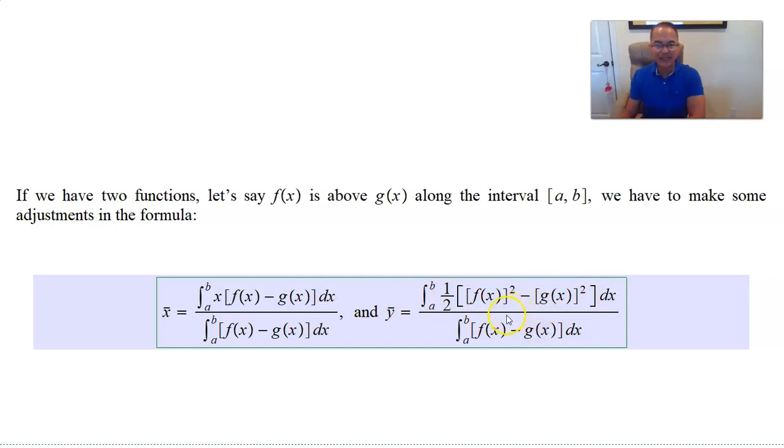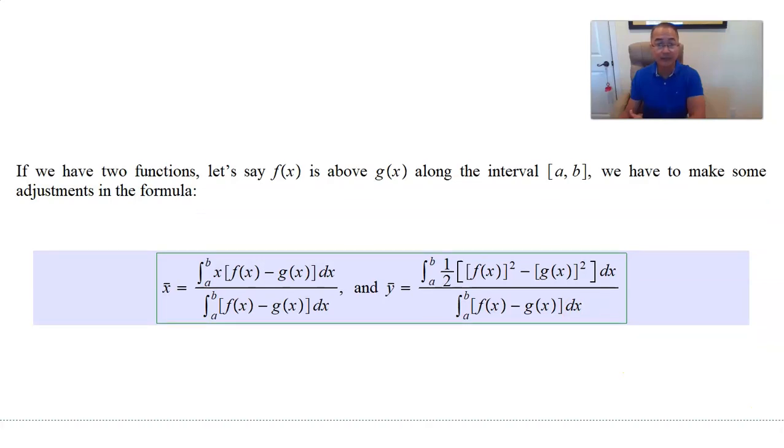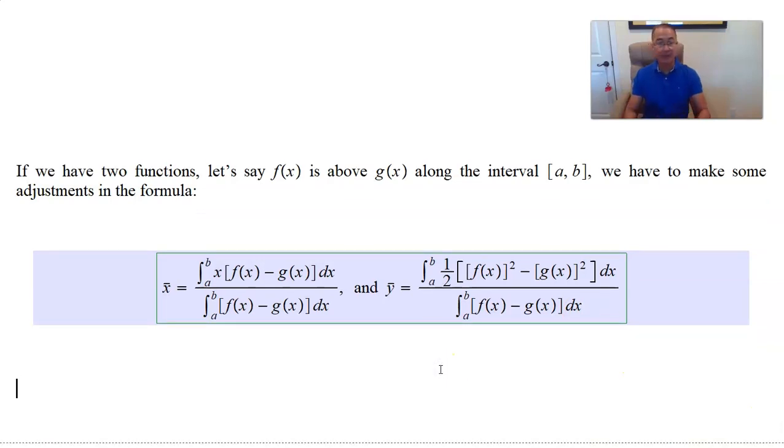It kind of makes sense that if this was the original integral, hiding the g of x, then we should have the original integral paired with g of x, where we square g of x as well, just like we do with f of x. But that does deserve some explanation.